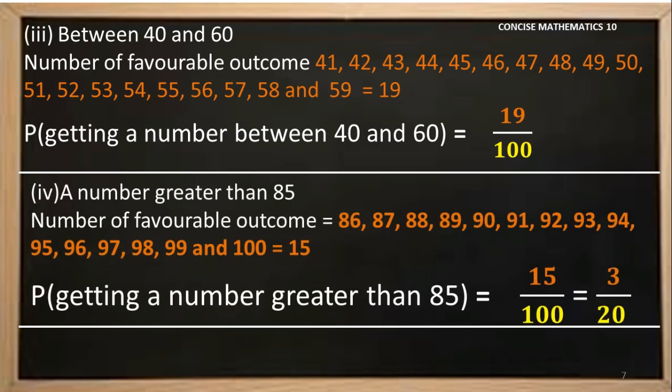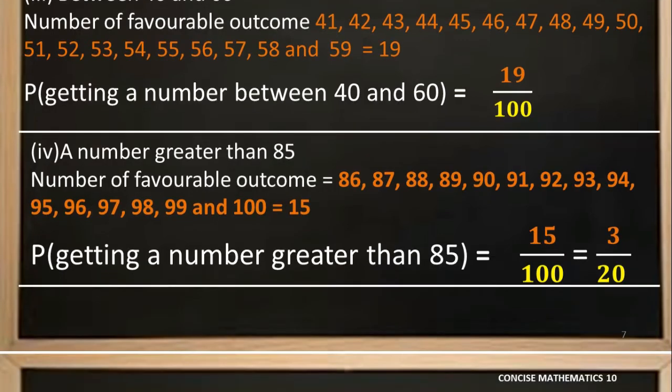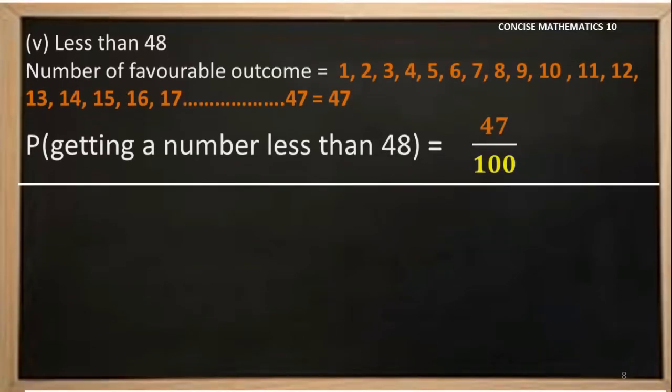Next is a number greater than 85. Greater than 85, it starts from 86 and the last number is 100, that is the range, that is the cards we have up to 100. Hence there are 15 cards, the probability is 15 by 100, that is equal to 3 by 20. Next it is less than 48.